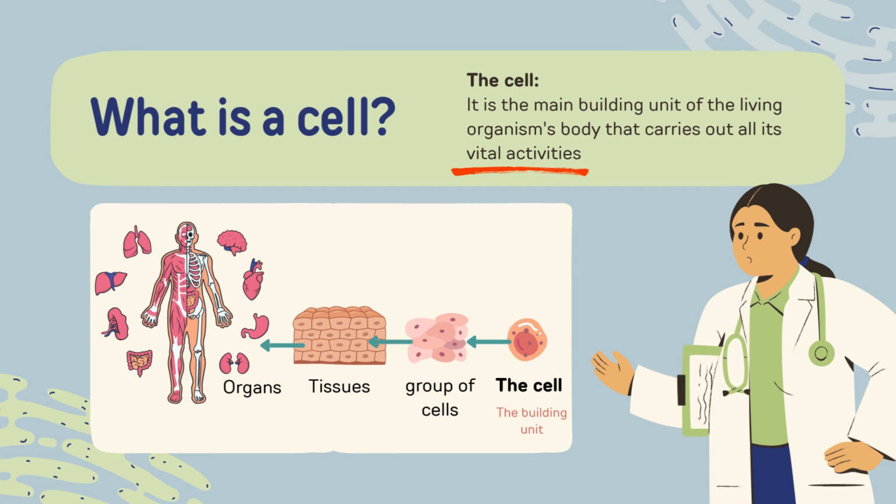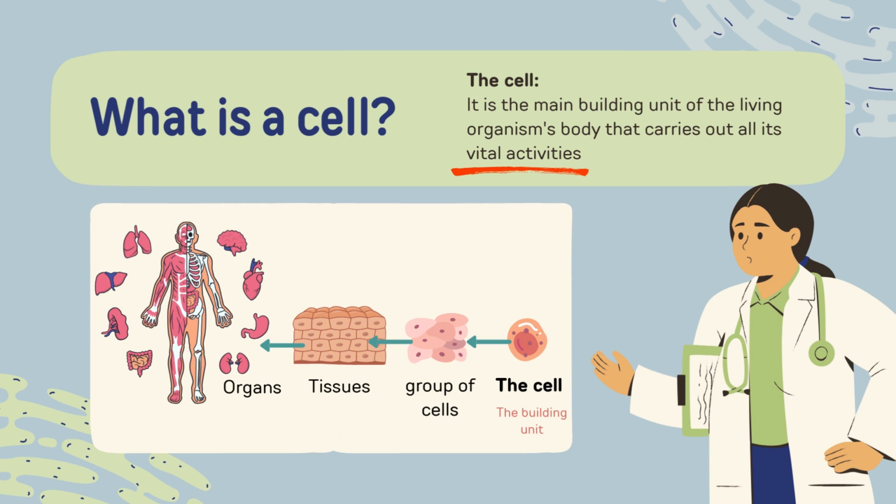Each organ consists of many tissues, and each tissue consists of a group of cells. A group of cells can form a tissue, a group of tissues can form organs, the organs form a system, and many systems form the body. So we can say the cell is the main building unit.